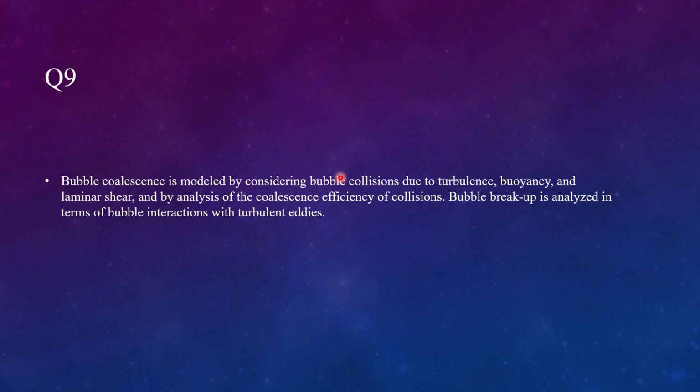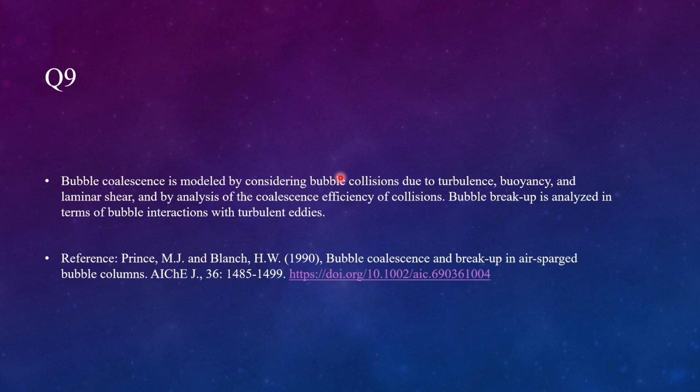Bubble breakup is analyzed in terms of bubble interactions with turbulent eddies. So what happens is that because of turbulence the bubbles collide with each other, and because of the laminar shear also the bubbles collide with each other, and also the buoyancy force makes the bubbles collide.